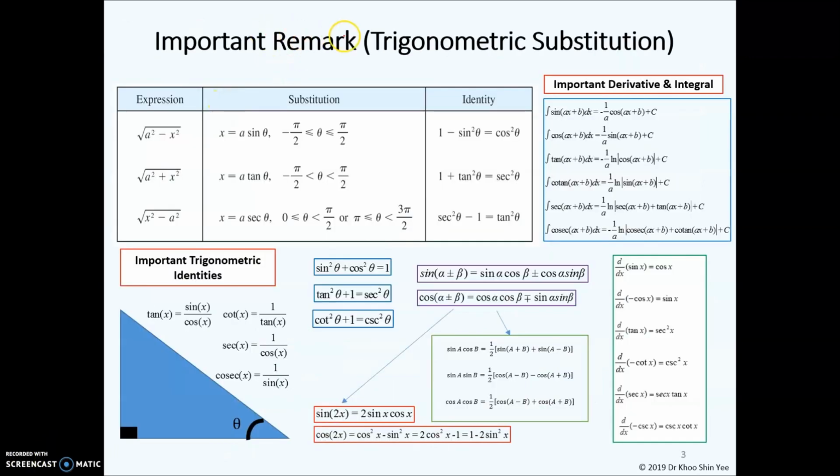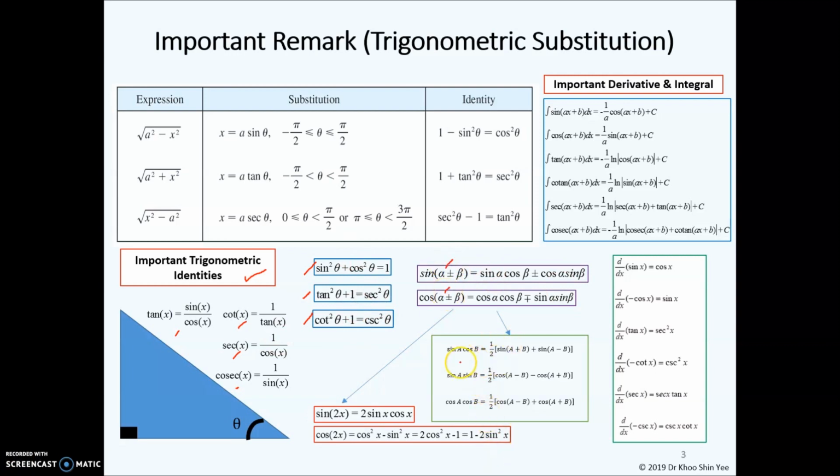These are some important remarks for the trigo substitution. To master this topic, you must know the important trigonometric identities. So you must know the relationship for tangent, sine, cos like this. Cotangent, secant, cosecant is the reciprocal for tangent, cosecant, and sine. These are the three identities that you must always remember. And then we have the add and subtract identity here.